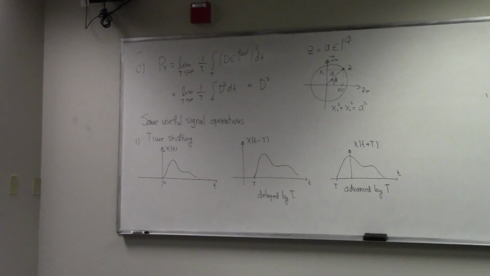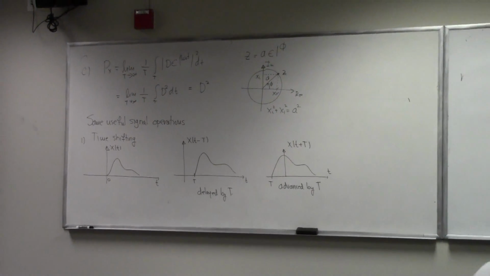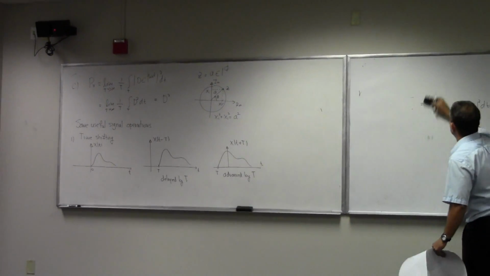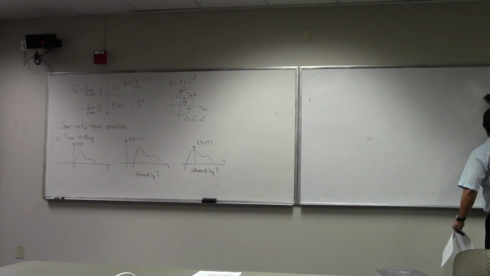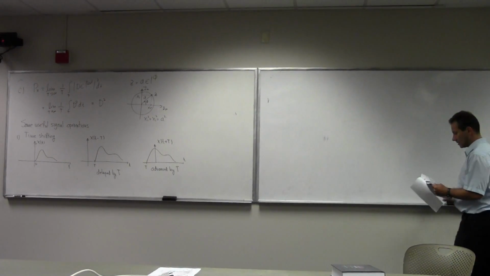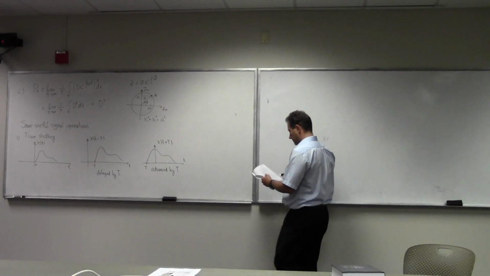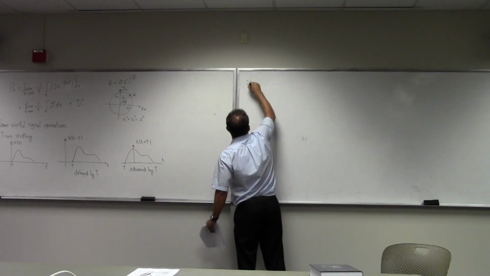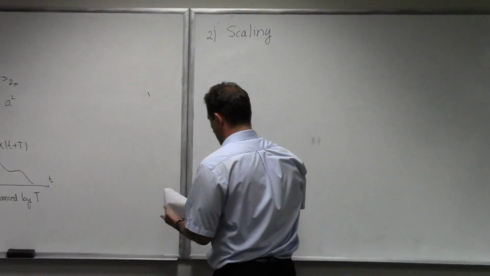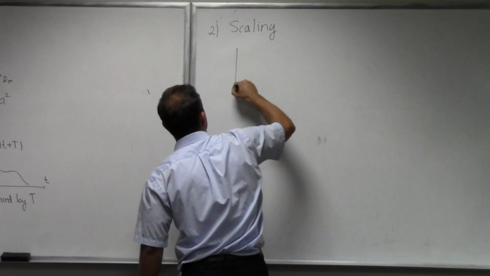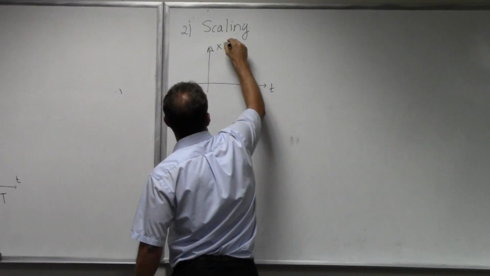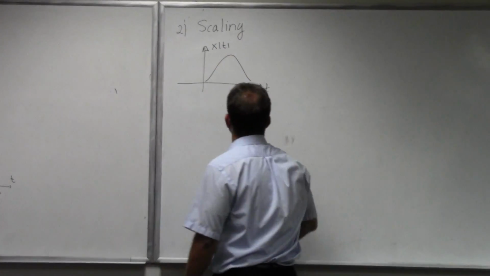The second useful operation that we do to signal is scaling. So let's do that one. So scaling, let's say we have a signal, again, x of t, that looks somewhat like this.